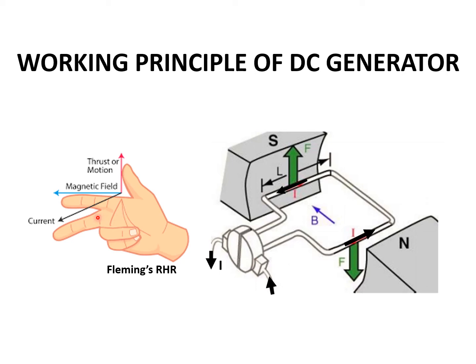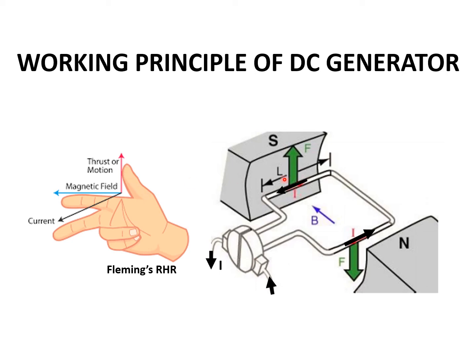If we place the center finger in the direction of current, C for center, C for current, and the forefinger in the direction of flux, F for flux, then the thrust or thumb indicates the direction of motion.